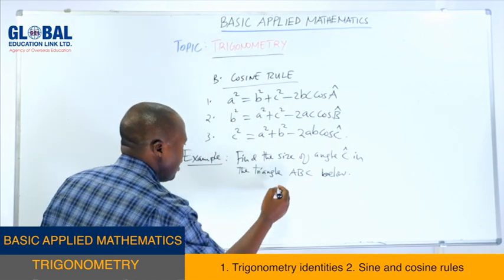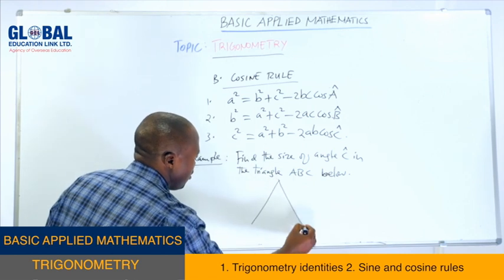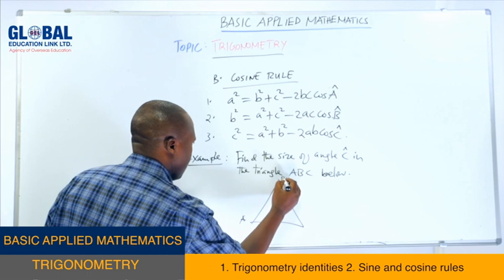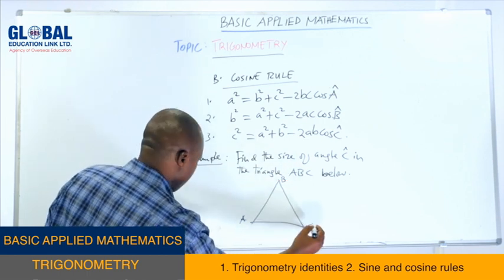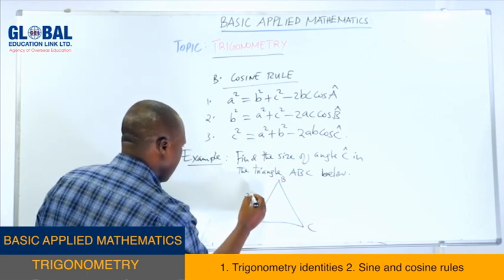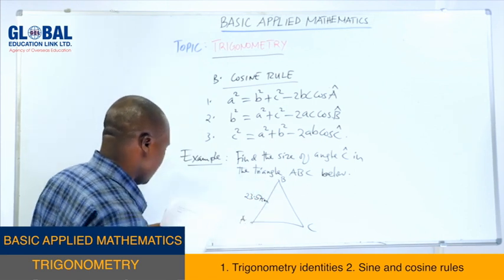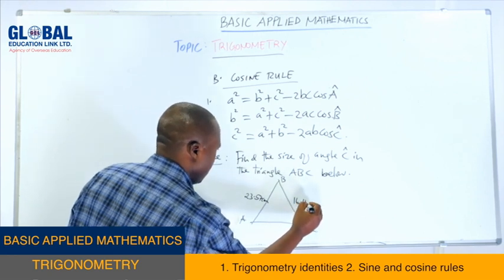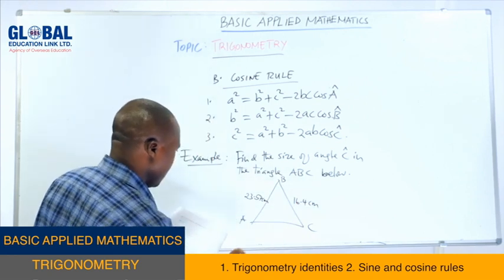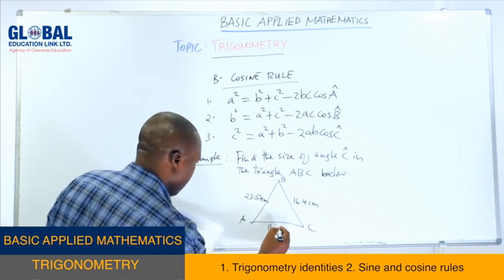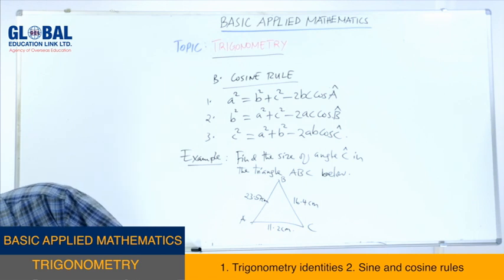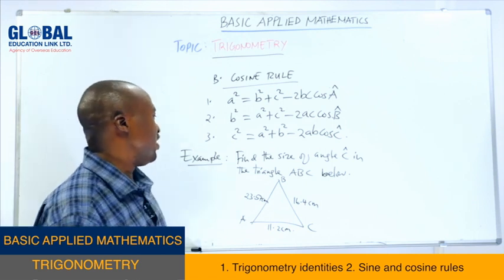The given triangle has sides 23.57 centimeters, 16.4 centimeters, and 11.2 centimeters. That is the question we have.